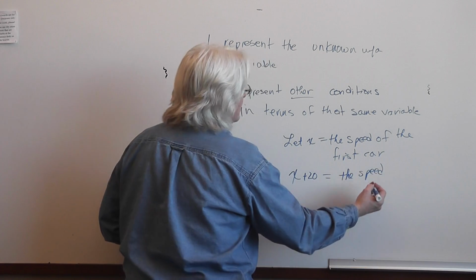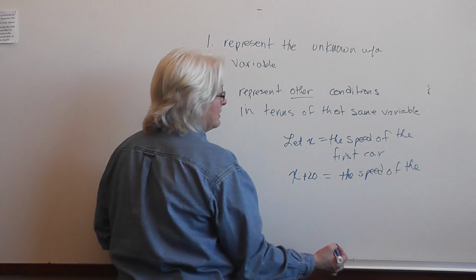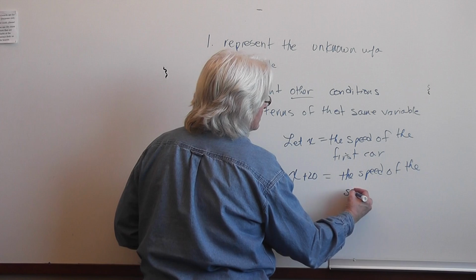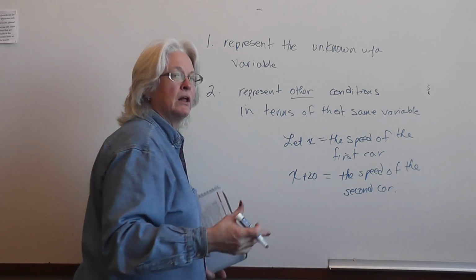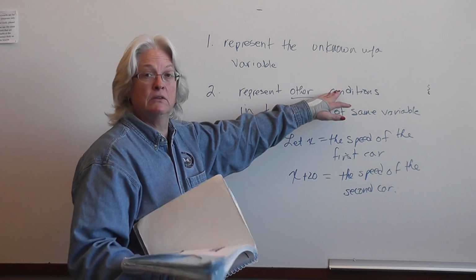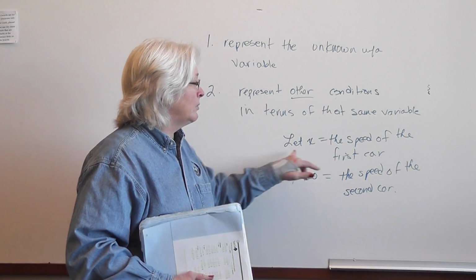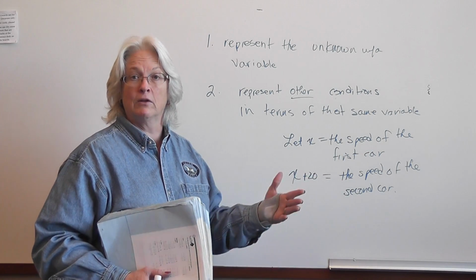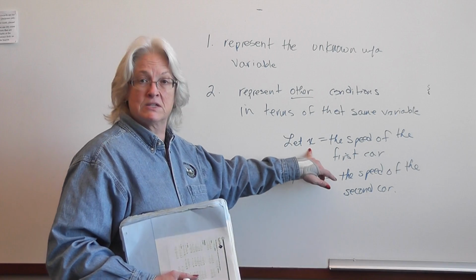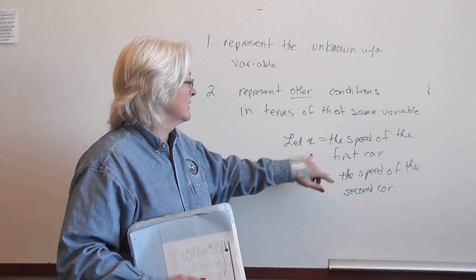And this is what they're talking about in step number 2, the speed of the second car. They're telling you to represent other conditions in terms of the same variable. Figure out what x is, or m, or p, or s, or whatever relevant variable you decide to select. A lot of people just use x for everything.